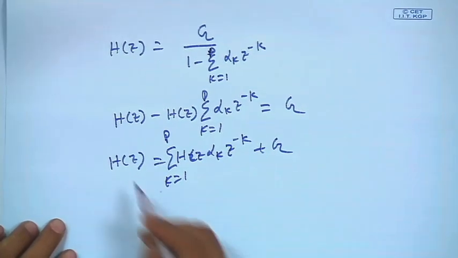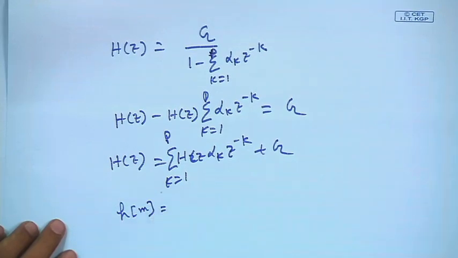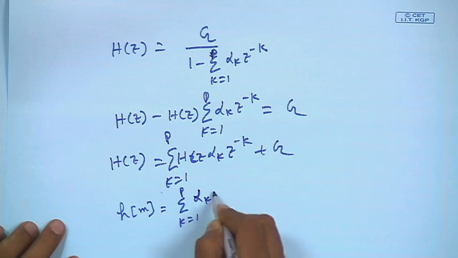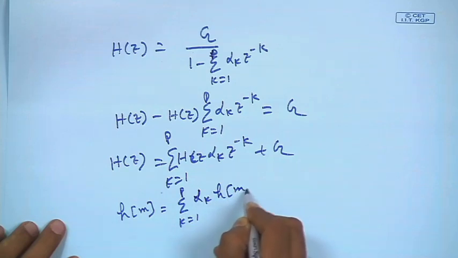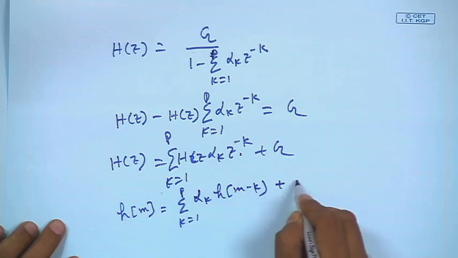In time domain, h(m) is the sum over k equal to 1 to p of alpha_k h(m minus k), z^-k being a k sample delay, plus g.